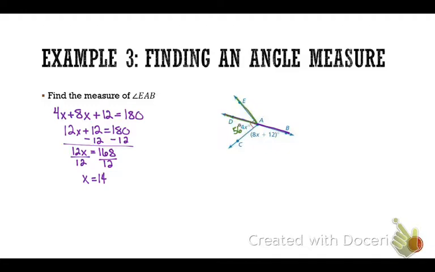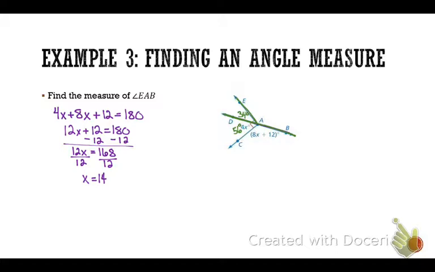Do you see that, guys? They're complementary. So now I'm on the top side of that straight line. Now, if EAD is 34, look here, EAB has to be what? How can I figure it out? Do you see how it's now on the top side of that straight line?